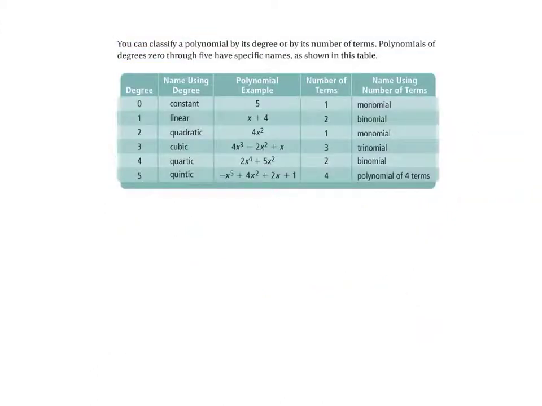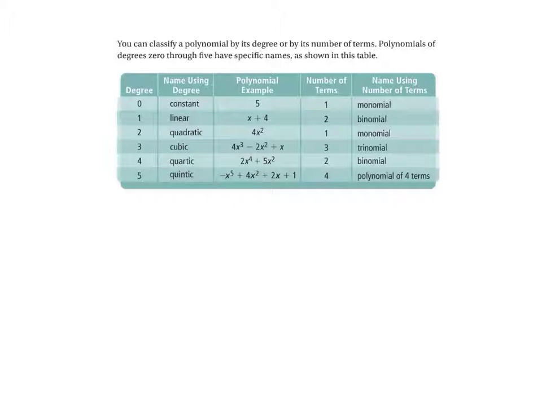Okay, more vocabulary. Yes, again, you have to know this stuff. You name using degree: 0 degree constant, 1st degree linear, 2nd degree quadratic, 3rd degree cubic, 4th quartic, 5th quintic. Beyond that, you just use the number like 6th, 7th, 8th. We won't be seeing many functions at that level. 5th degree is about as high as we're going to go.